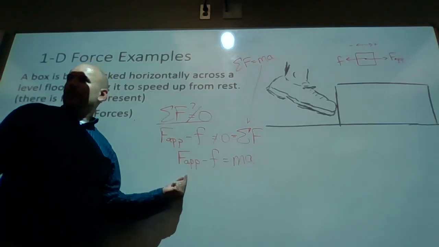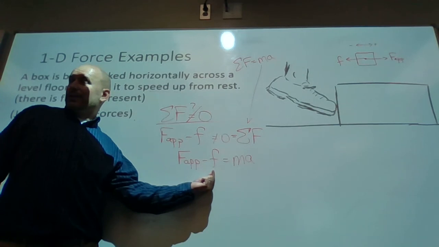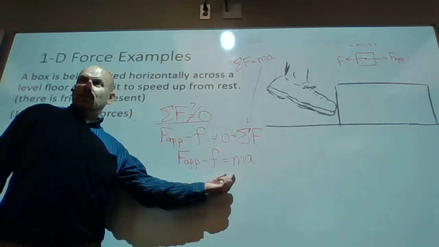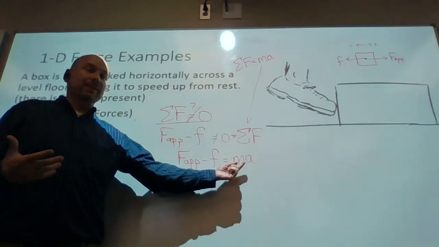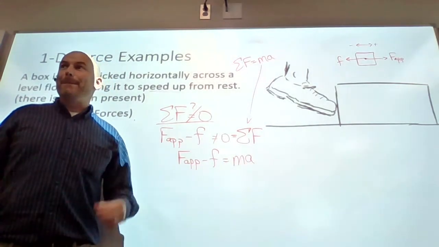Well, you have 50 newtons minus 30 newtons of friction. I got 20 newtons as my net force. Box is 5 kilograms. So you can say the box is experiencing an acceleration of 4 meters per second squared. Boom.